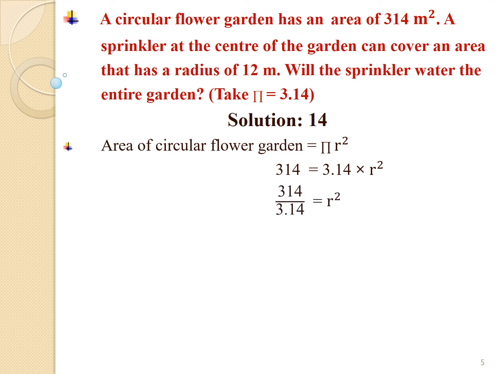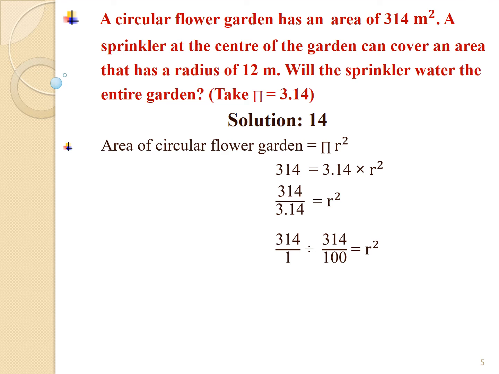Students, now we have to convert whole number 314 as well as decimal number 3.14 into fractions. Thus, converting them, we get 314 upon 1 divided by 314 upon 100 equals r square.